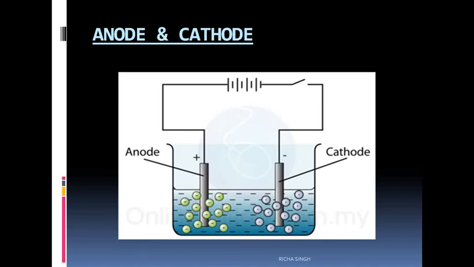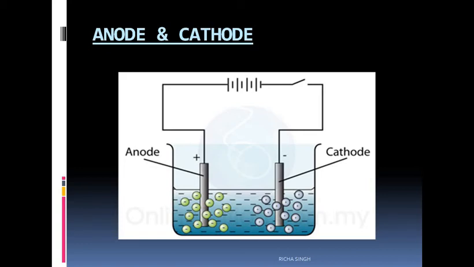Electrodes are also of two types, anode and cathode. As you can see, the anode is connected to the positive terminal of the battery. If you remember, this long line shows the positive sign of the cell, and it is connected to the positive side, this is the anode. The electrode which is connected to the negative terminal is called the cathode. Anode is the positive electrode, cathode is the negative electrode.